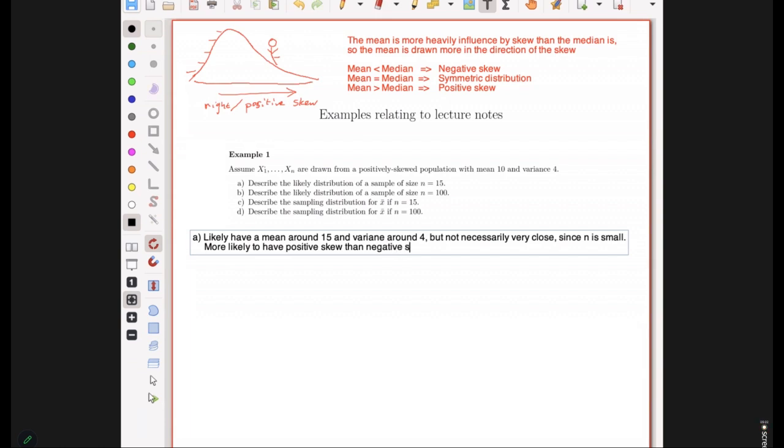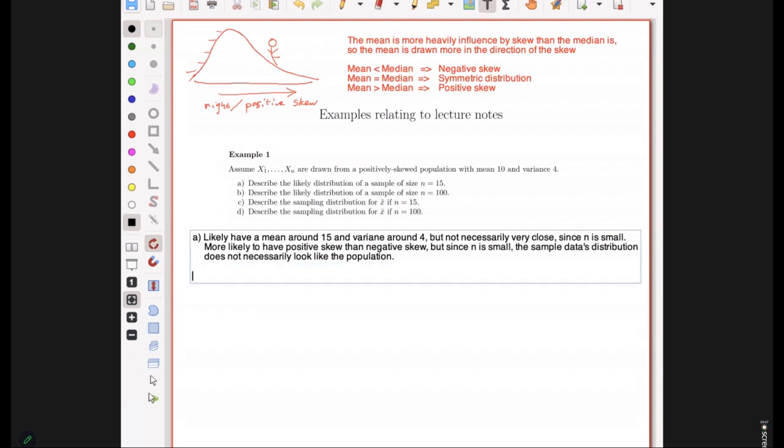But since the sample size is small, the sample data distribution does not necessarily look like the population. So we might have positive skew, but we might have a different shape because 15 is not many observations.